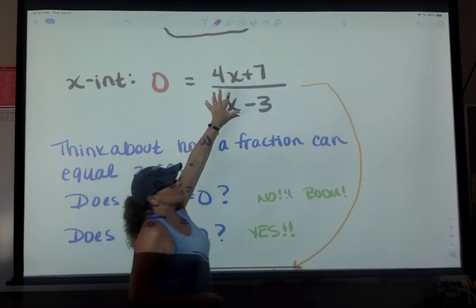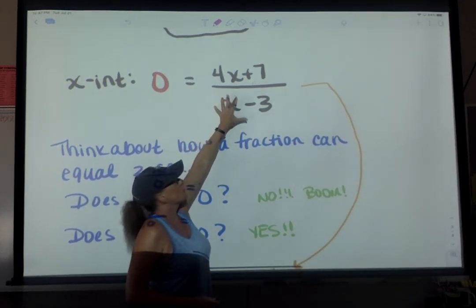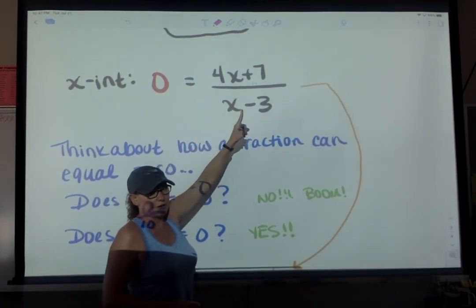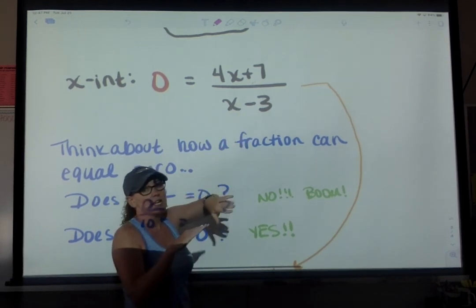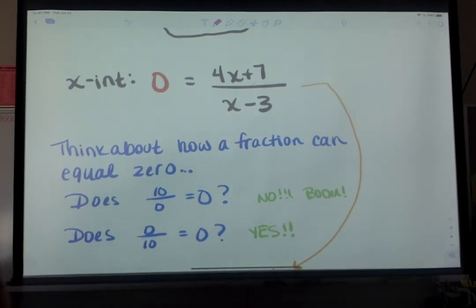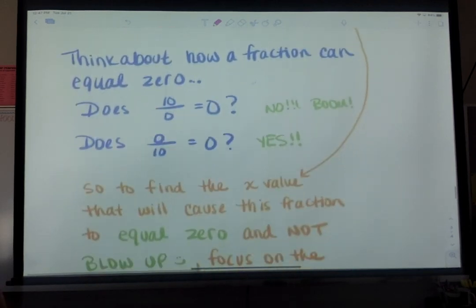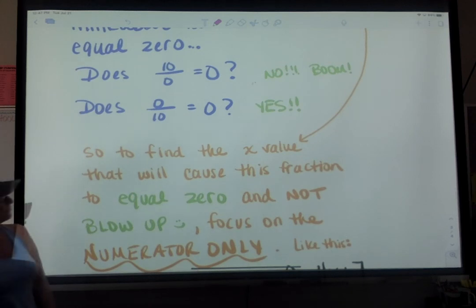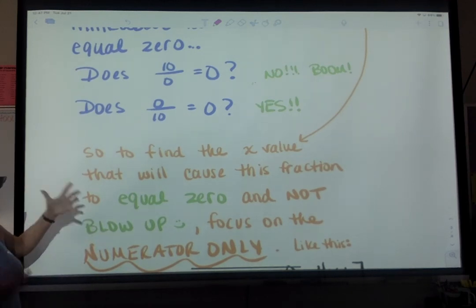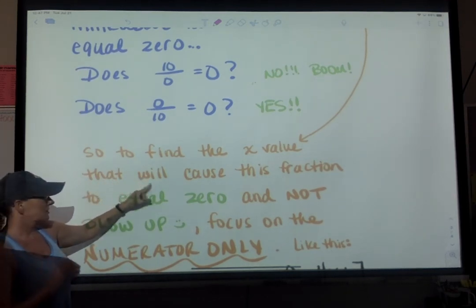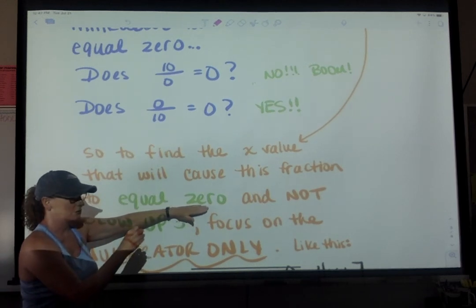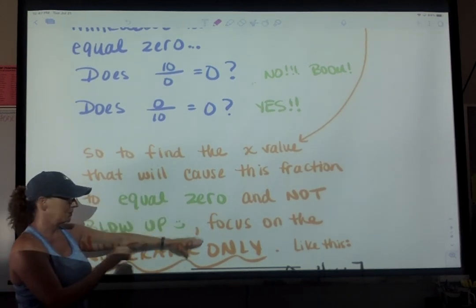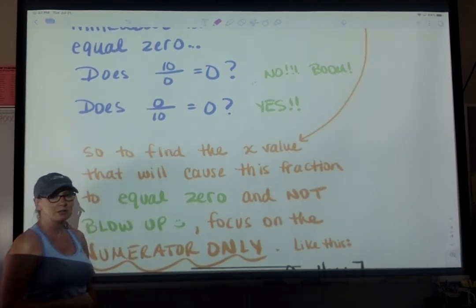In order for this fraction to be 0, your numerator has to be 0, not your denominator. So how do you do that? Totally easy. To find our x that's going to cause this fraction to equal 0 and not blow up, focus on the numerator only.